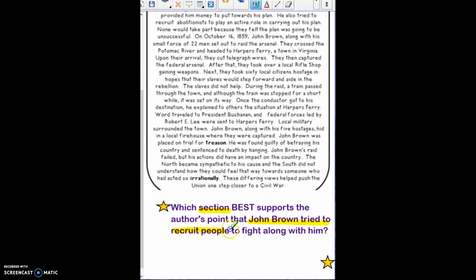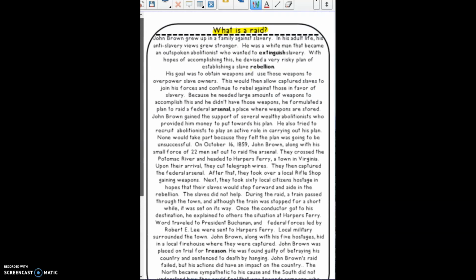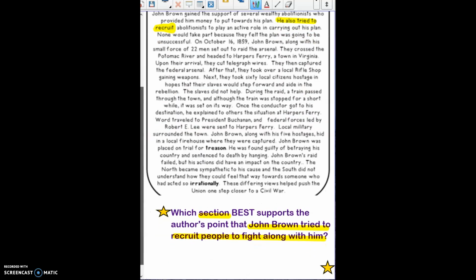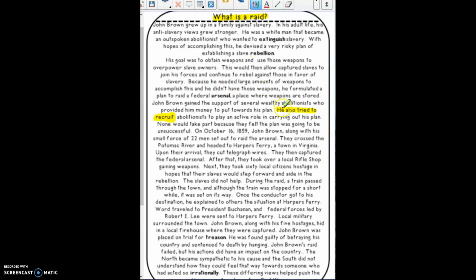He tried to recruit people to fight along with him. So I believe I remember the author discussing that over in this area here. He also tried to recruit. There's a familiar word, same word that they used in the question, so that kind of helped me find it.